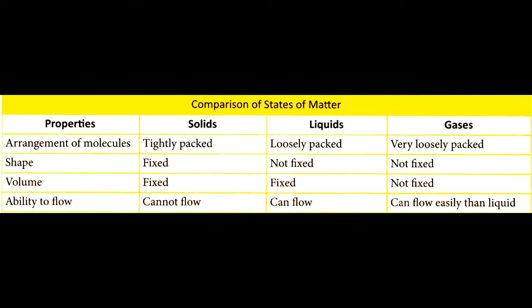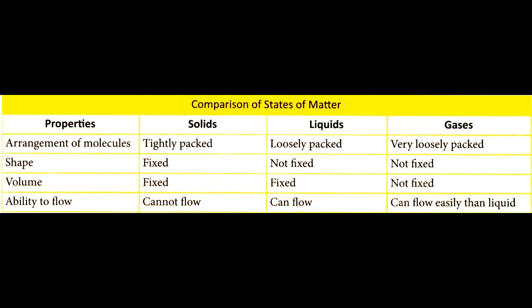In fact, they are not attracted to each other at all. Therefore, the shape of the solid is fixed, but the shape of liquids and gases is not fixed. Volume, the space occupied, is also fixed in solids. It is also fixed in liquids, but it is not fixed in the case of gases.